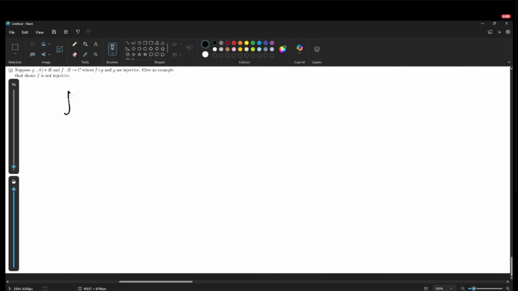Okay, so the thing is that F could be some function which is not injective, but it's injective on a part of the real line. And G is a function that only maps to things that F would become injective on.